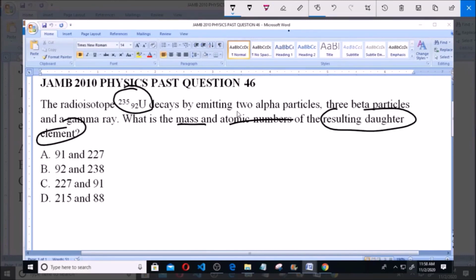Now let's look at what happens. But first, it will be important to note that an alpha particle is similar to a helium atom, which has mass number of 4 and atomic number of 2.